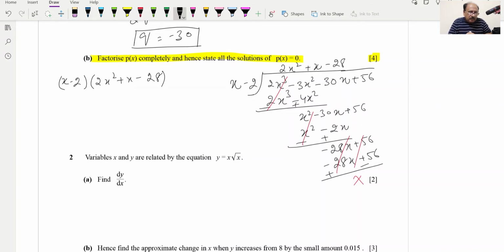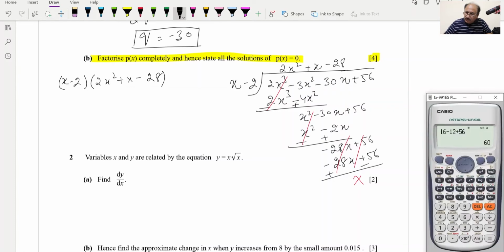Further we can factorize this. The coefficient of x squared is 2, the coefficient of x is 1, and the constant is minus 28, and this will give us 7 by 2 and minus 4.